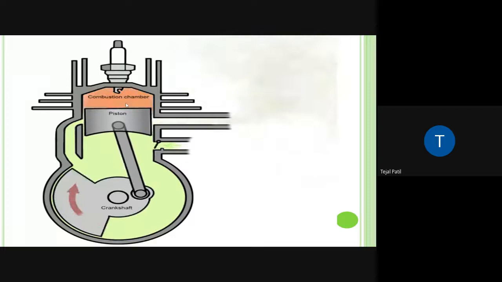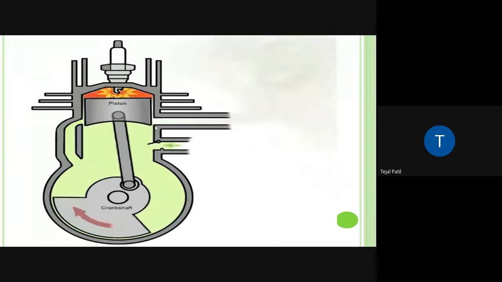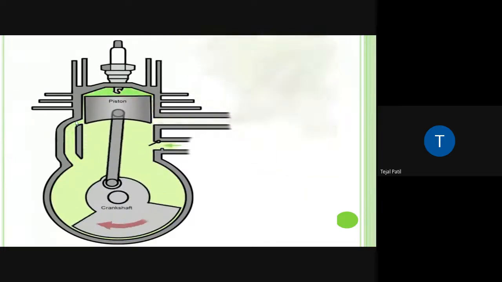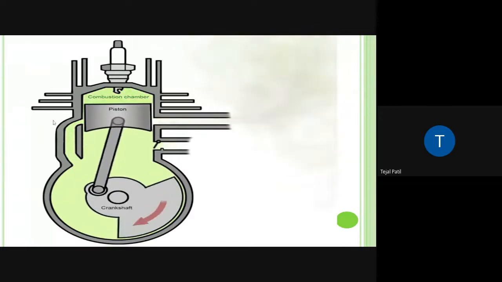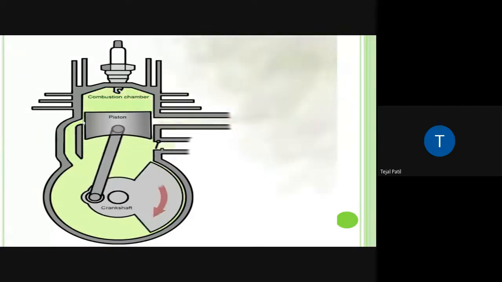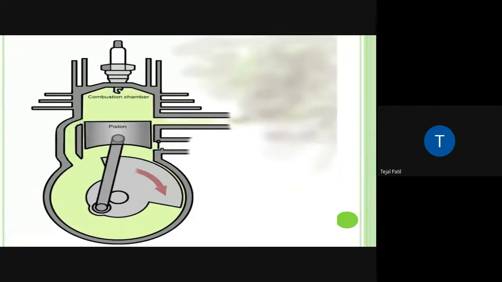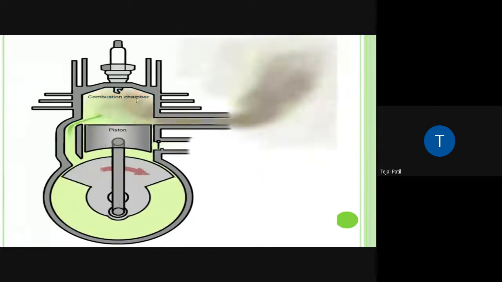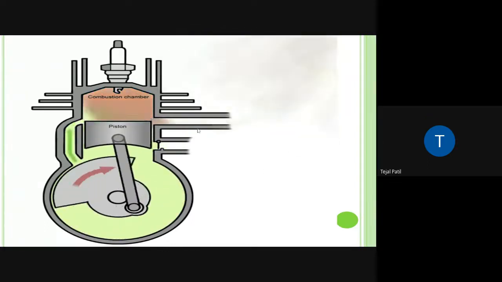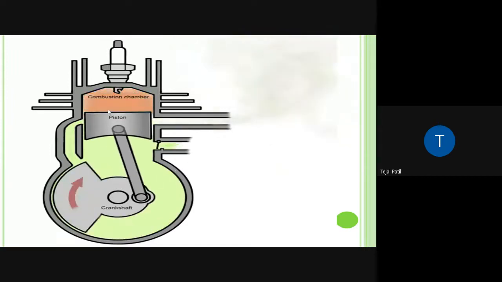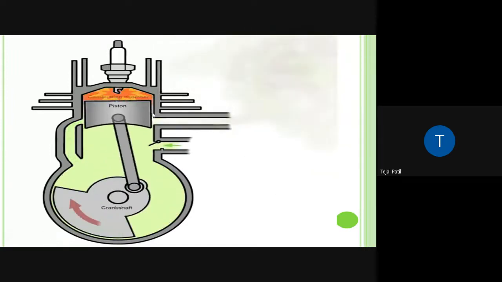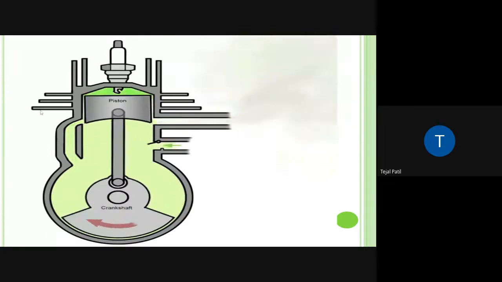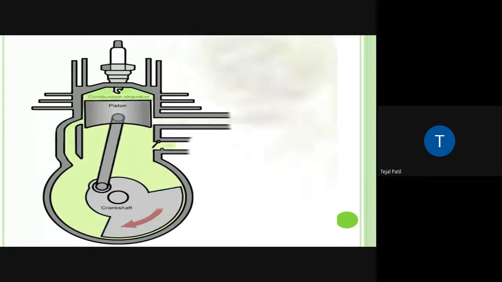When it is moving downward, after that this exhaust port as well as transfer port both will open, and the fresh charge from the next cycle helps to escape out this exhaust gas through this exhaust port, and then again the cycle will repeat. So that is what is going to happen in the two stroke cycle engine.